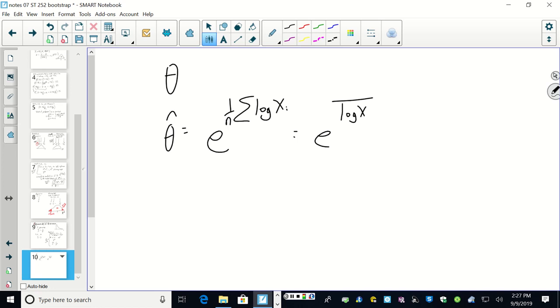So it's a little more complex. Take the log, then take the average, and then exponentiate that. And notice that it gave a smaller value. It gave 83 instead of 201.